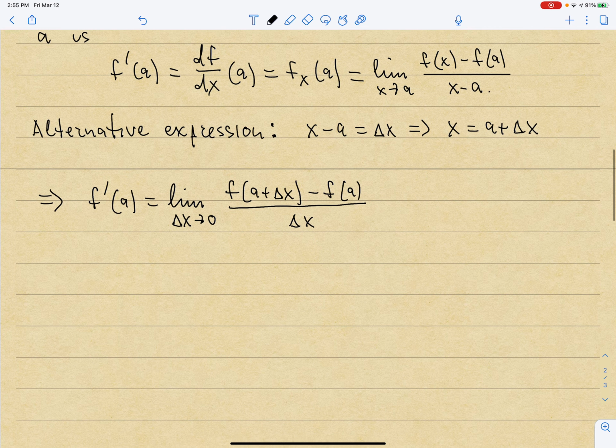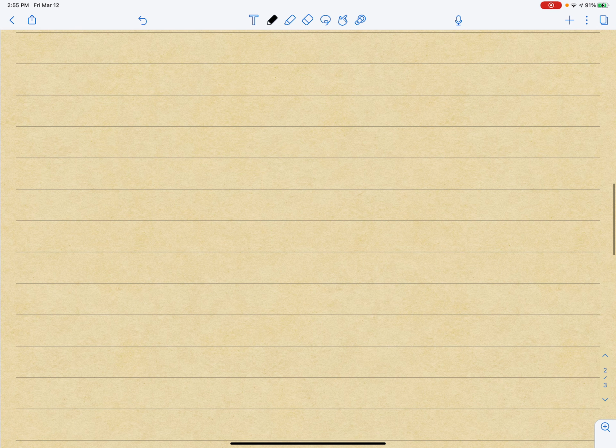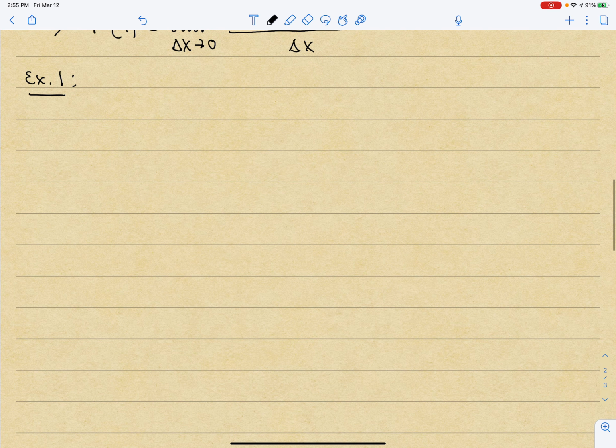And let's now do a couple of examples. So example number 1. Let's consider f of x equal to x squared, and let's make a equal to 1.